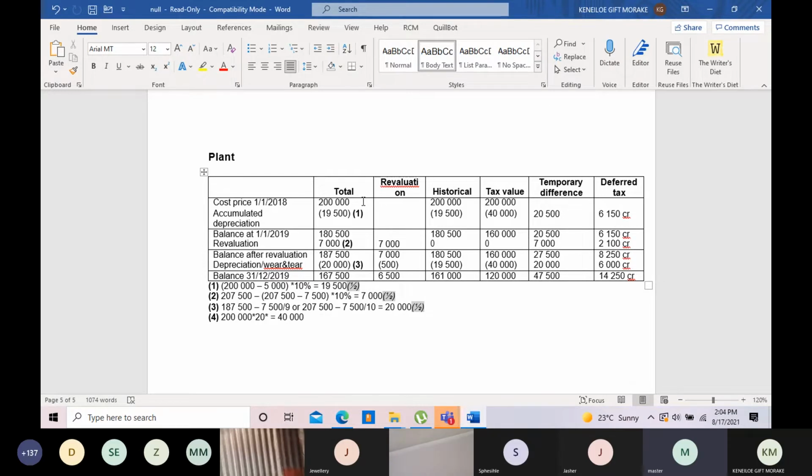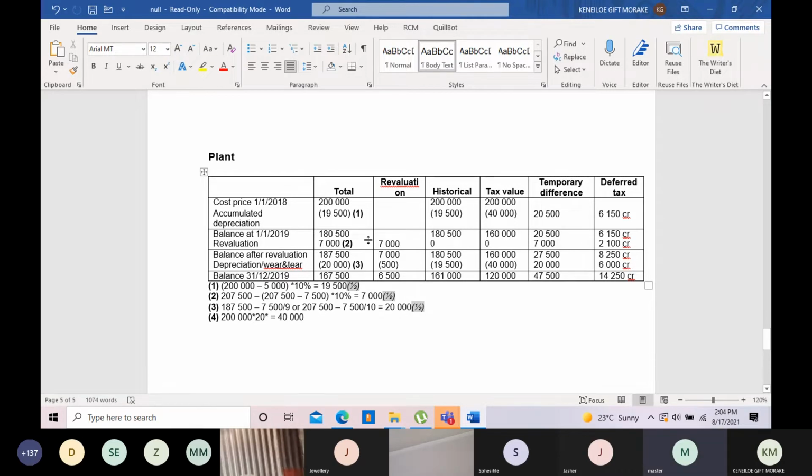If they say show your calculations, they mean this thing that we're doing now. So more marks are on your calculations. 200,000 minus 19,500, you get 180,500. This information is from the PPE.